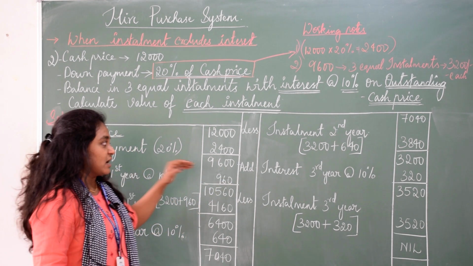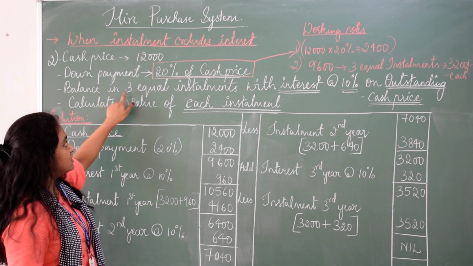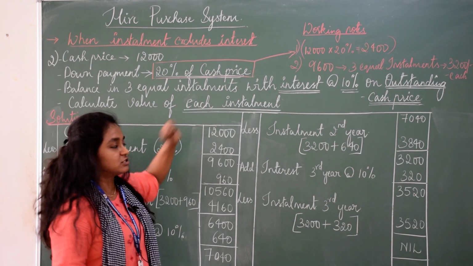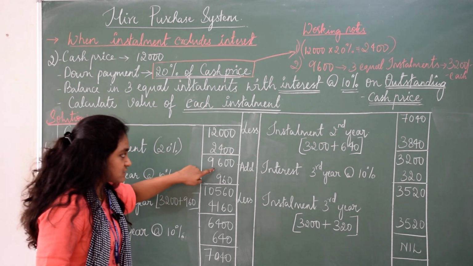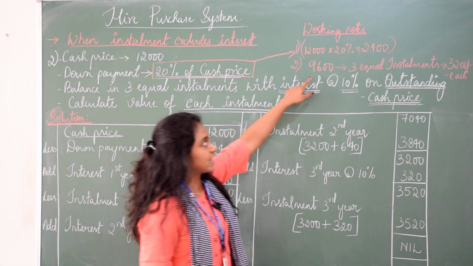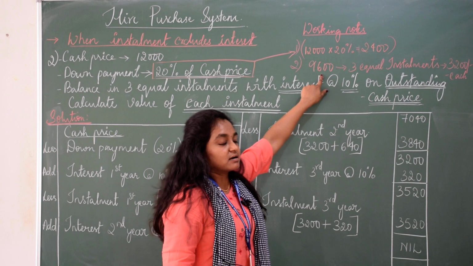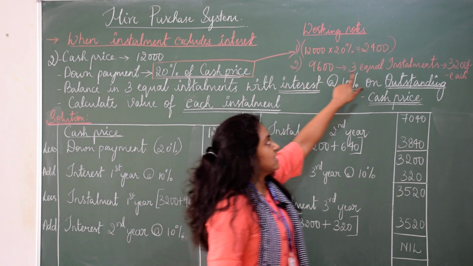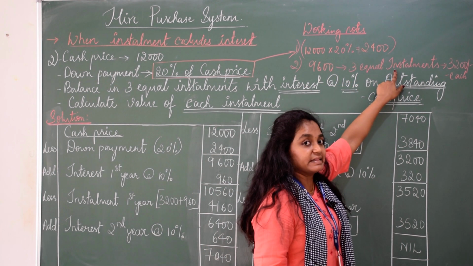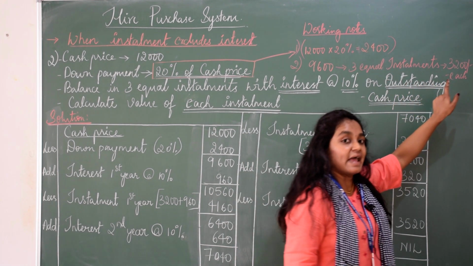Now, coming to the third statement, they are telling us the balance should be paid in 3 equal installments. The balance that is left after down payment is 9,600. Go back to the working note, the second working note: 9,600 is the balance left. This 9,600 should be paid in 3 equal installments, that will amount to 3,200 every year.